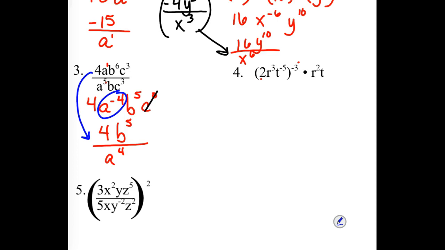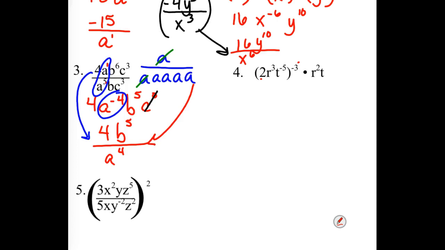So looking at those A's, it says I have 1 in the numerator and I have 5 in the denominator. And if I start crossing off the common ones, what do I have left? I have 4 of them where? In the denominator. And that's what I'm showing here, right? There's 4 of them left in the denominator.